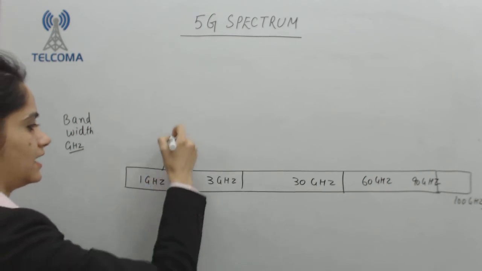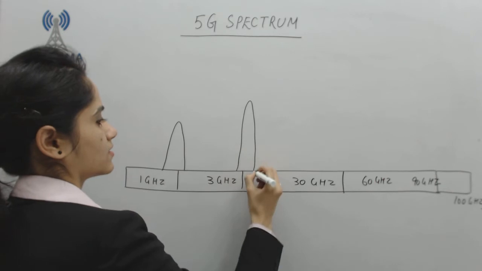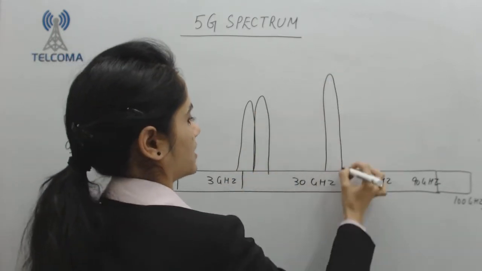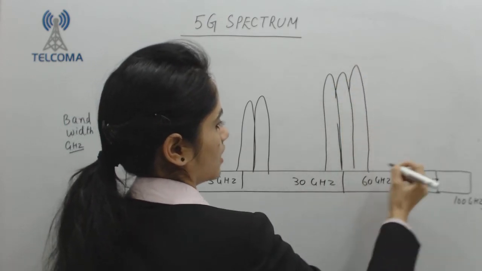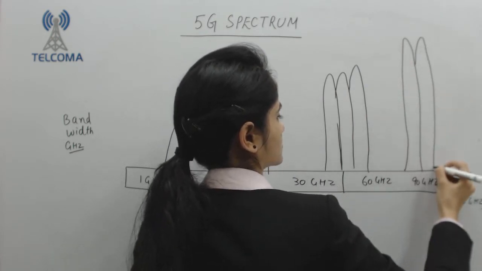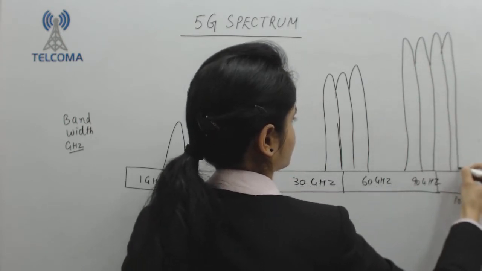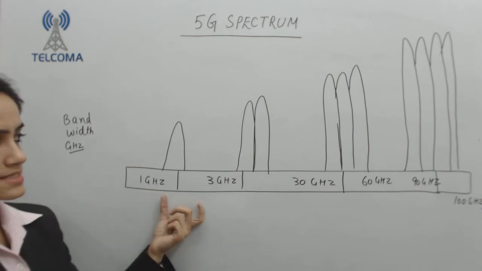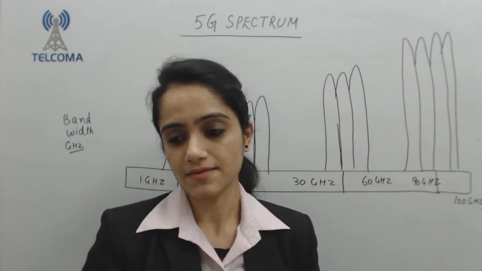So we have the first graph, then my second peak, after that my third peak and the fourth one. This shows the bandwidth requirement is less, then more, and more, and it keeps on increasing.